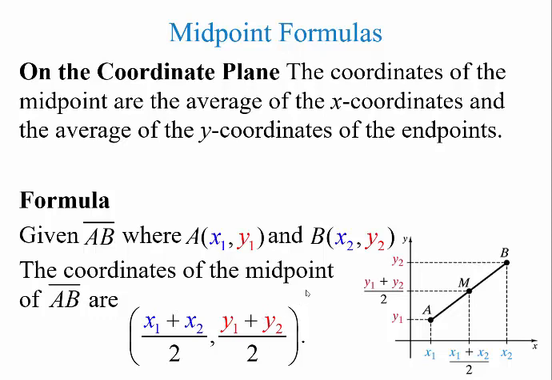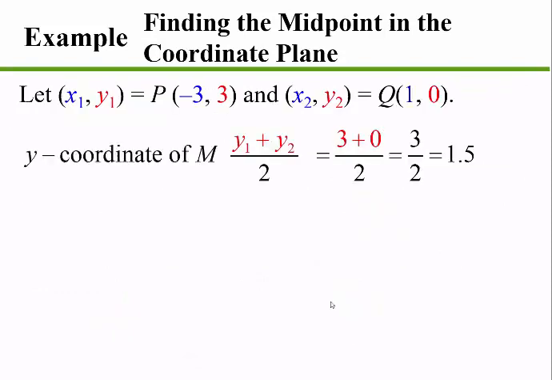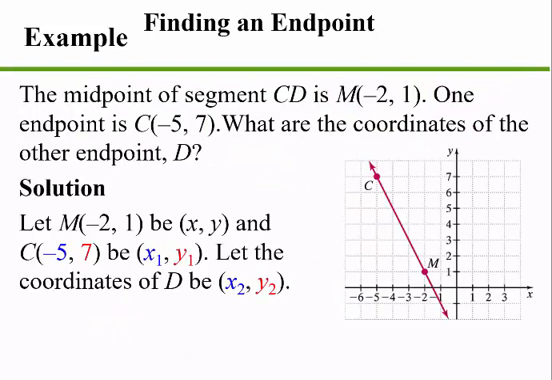That's what we're just going to call it, okay? And we're going to let the coordinates for C be negative 5, 7. That's going to be my x1 and y1. And I'm going to let the coordinate of D, the unknown I'm looking for, be x2, y2. That's the second x value and second y value.